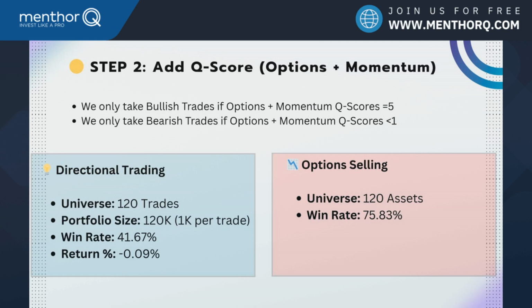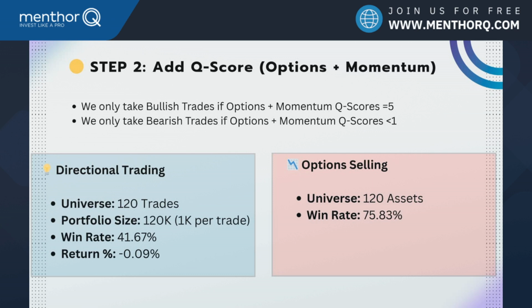So what we do here is we filter out those 904 assets by our Q-Score. We only take a bullish trade if the option and the momentum scores are equal to 5, and we only take a bearish trade if the option and momentum scores are below 1. That means that if both options and momentum are 5, they're very bullish, and if they are 1, they're very bearish.